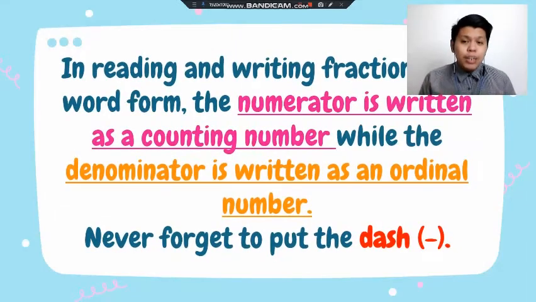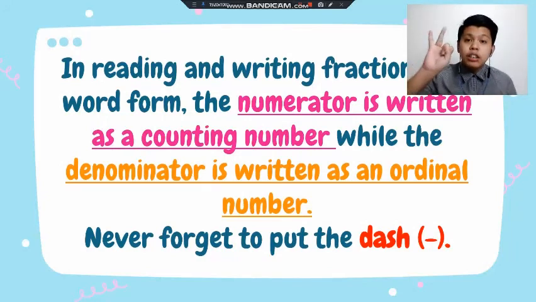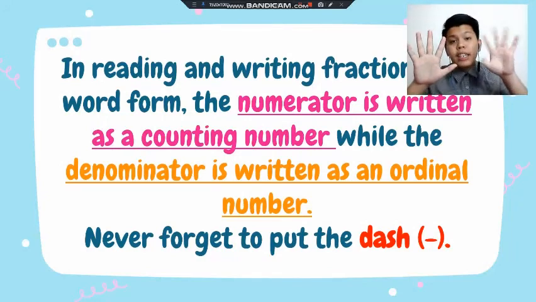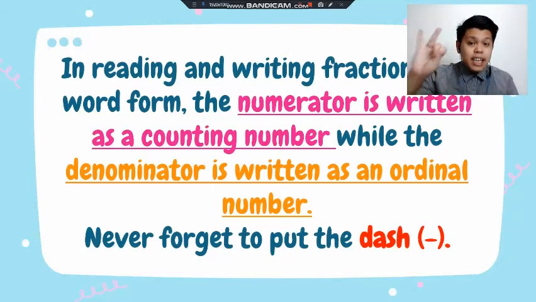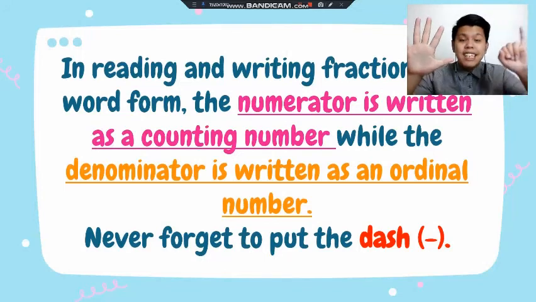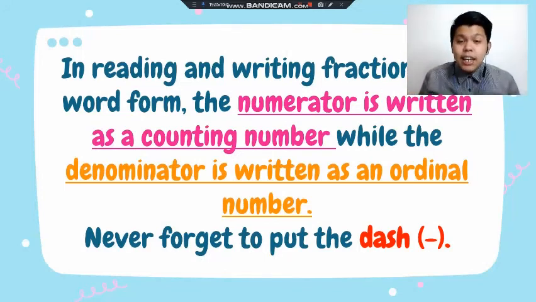Okay, so in reading or writing fractions to word form, the numerator is written as a counting number. Counting number, as we say, 1, 2, 3, 4, 5, 6, 7, 8, 9, 10, 11, 12, and so on. While the denominator is written as an ordinal number. First, second, third, fourth, fifth, sixth, seventh, eighth, ninth, 10th. And again, never ever forget to put the dash.